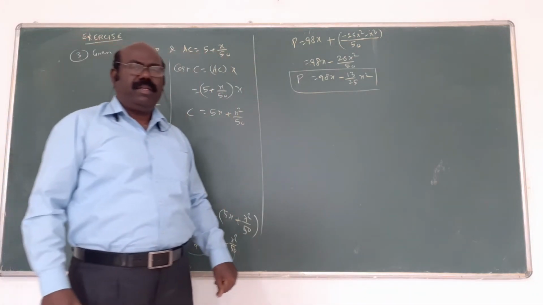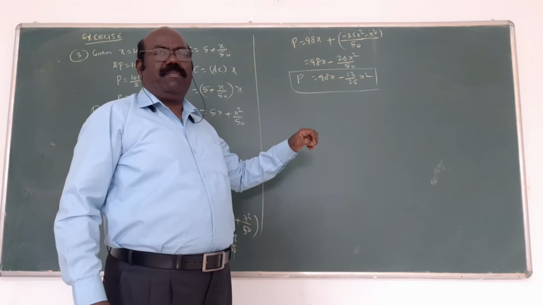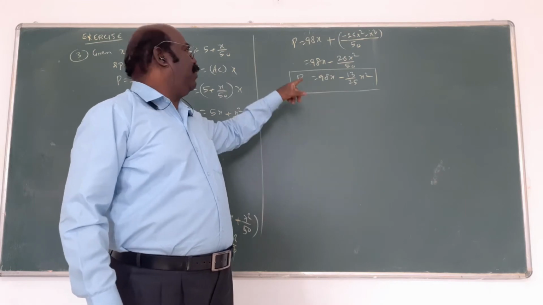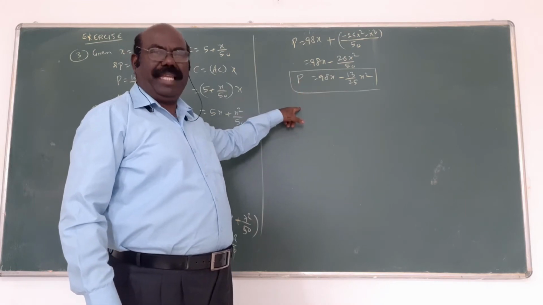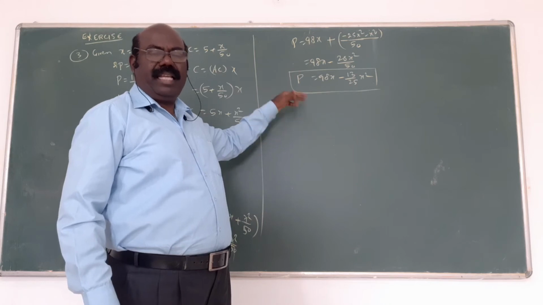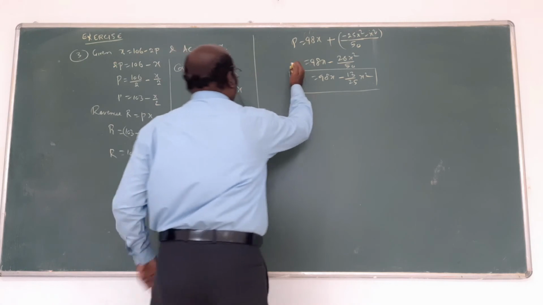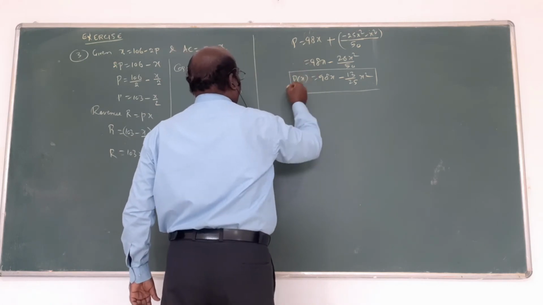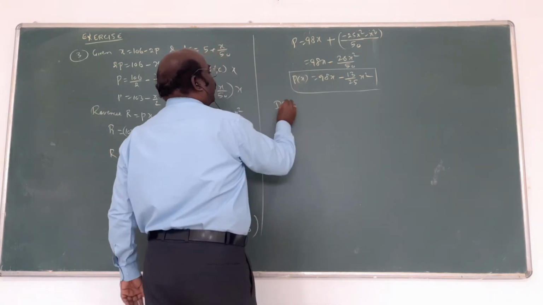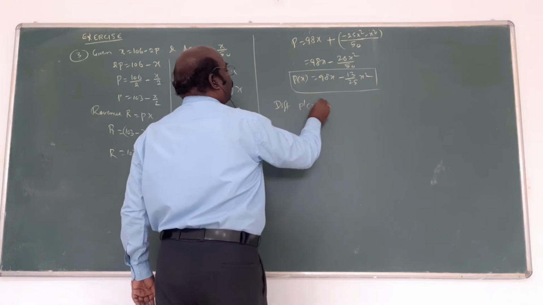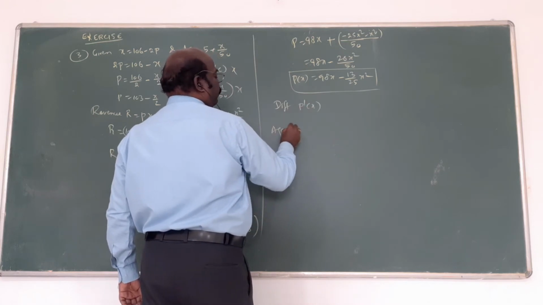You prove the P is maximum. That means P is maximum. The P differentiates with respect to x one time, dP by dx, then again differentiate. Otherwise simply this can be written as P of x, differentiate one time, then again differentiate.